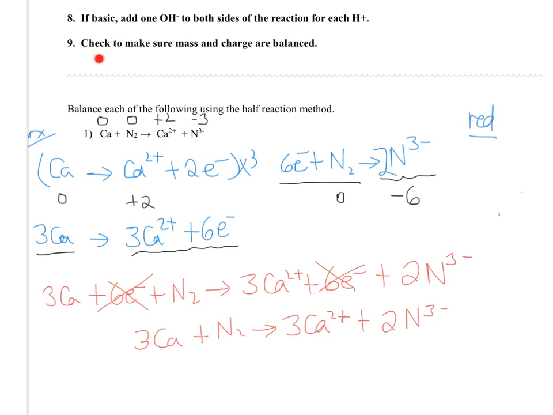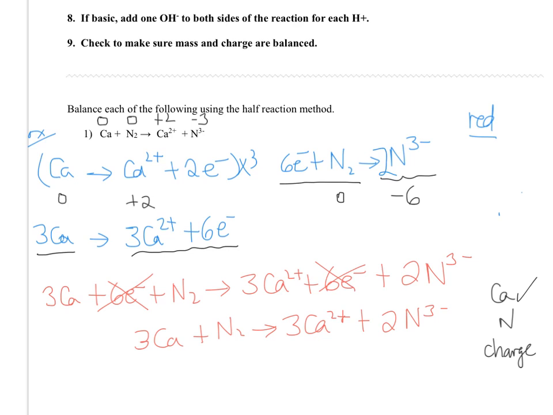And step 9 says check to make sure mass and charge are balanced. So we're done balancing it. We just need to check that it's correct. And so normally we would check the mass, which means we check the atoms. So we would check the calcium and we would check the nitrogen. But because it's redox, we also check the charge. So let's look at the calcium. We have 3 and 3, so that checks.